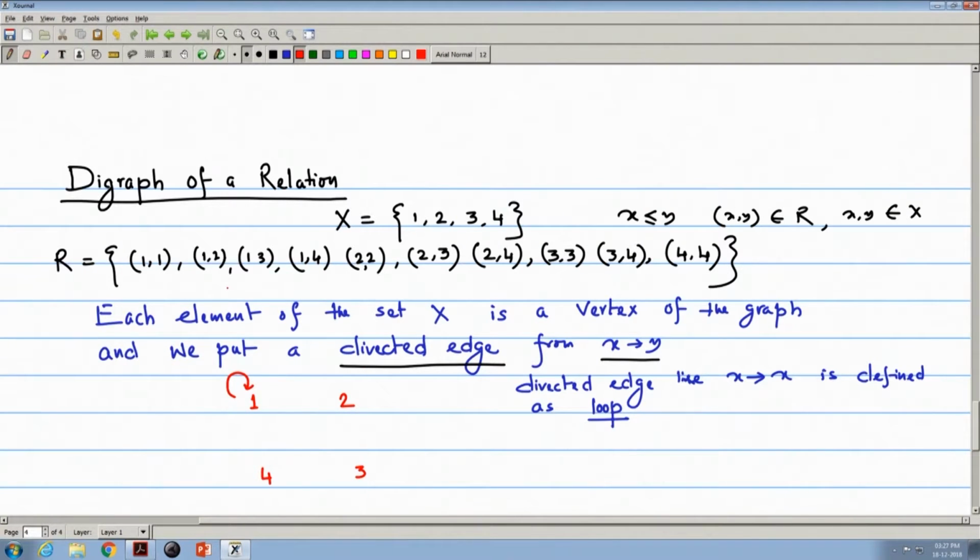So, (1,1), then (1,2). So, we give one directed edge 1 to 2.